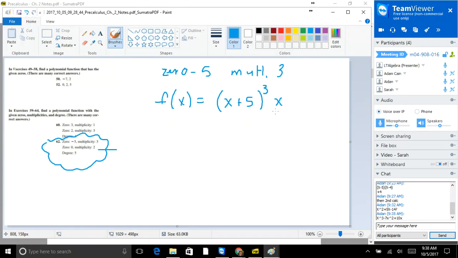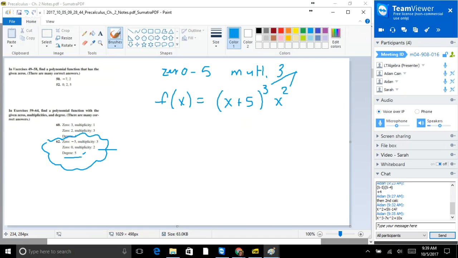And it has a multiplicity of 2, so this zero occurs 2 times. The last piece of information is that this is a degree 5. If you look at our exponents, we have x plus 5 to the third power and x to the second power, so that gives us our degree 5.